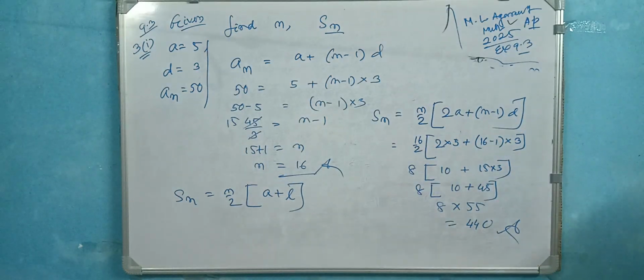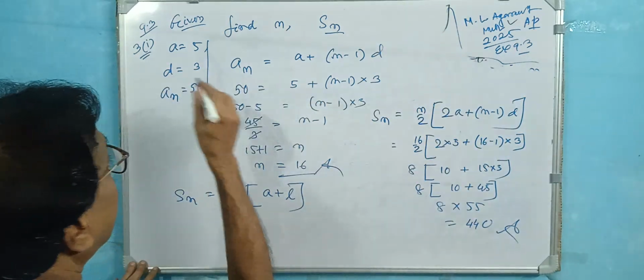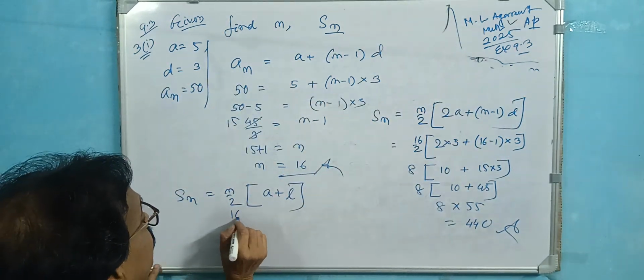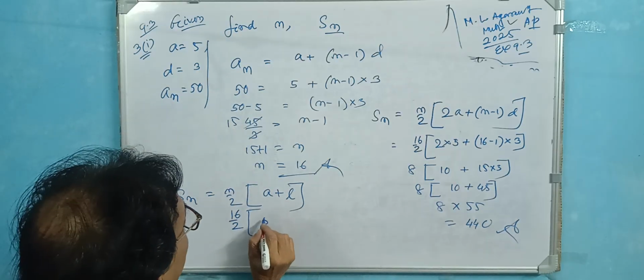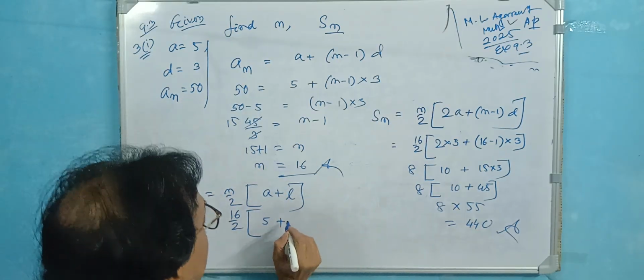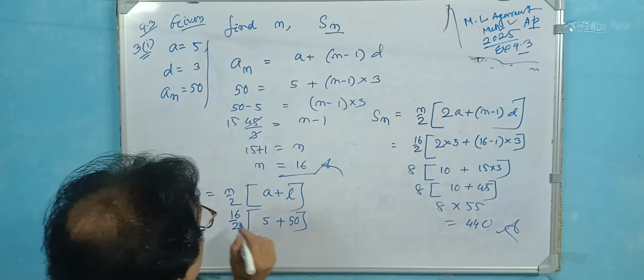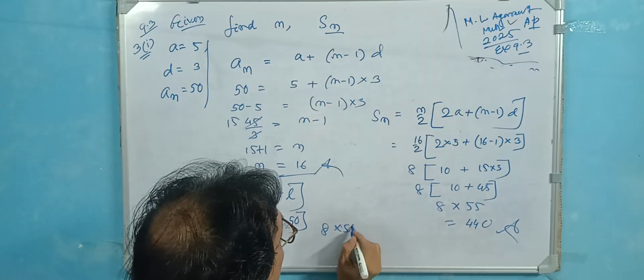Here n is 16, a is the first term 5, and what is the value of the last term? Actually, the last term is 50. So this is 8 into 55.